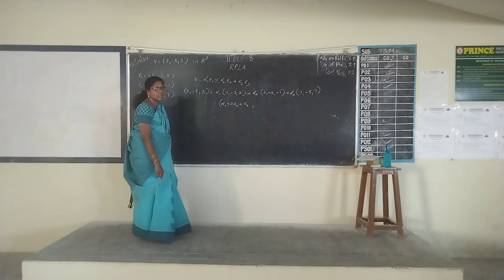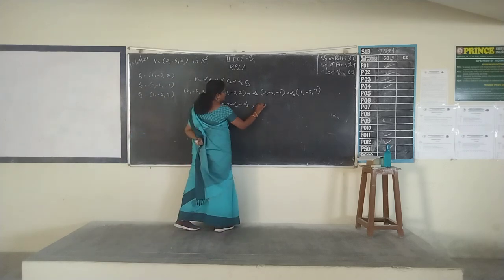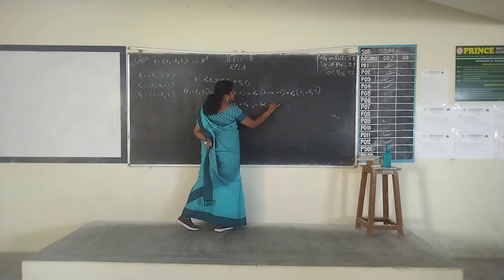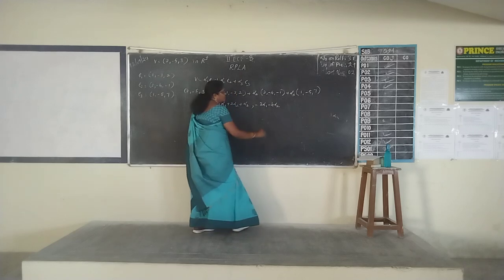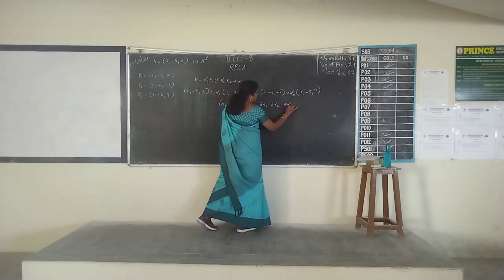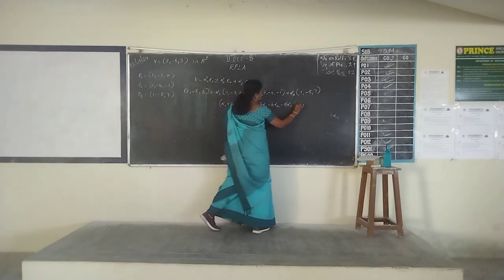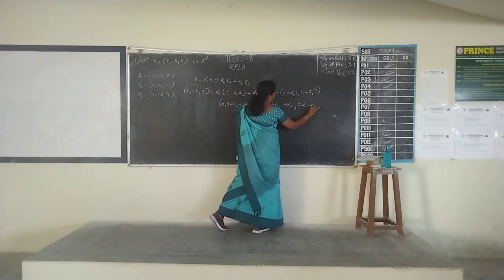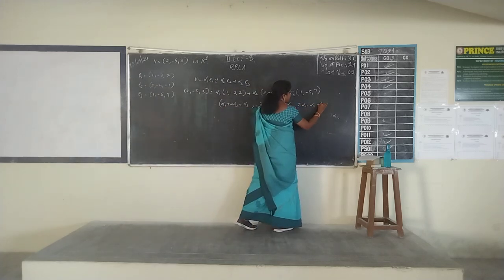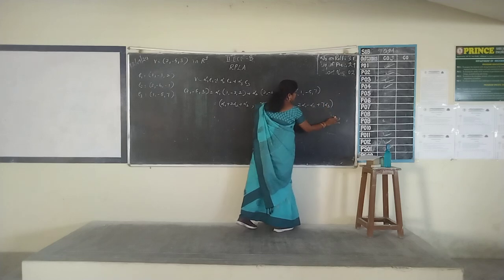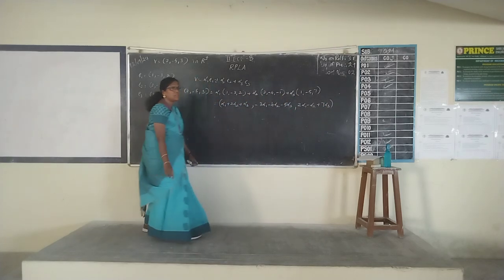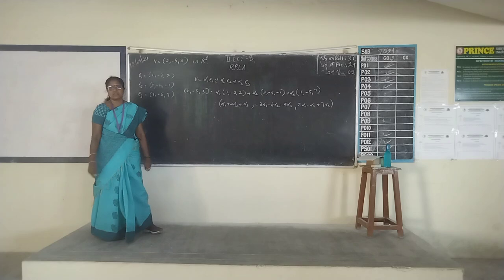Combine all the second elements: minus 3 alpha 1 minus 4 alpha 2 minus 5 alpha 3. Compare all the third elements: 2 alpha 1 minus alpha 2 plus 7 alpha 3. Just combining the corresponding components.